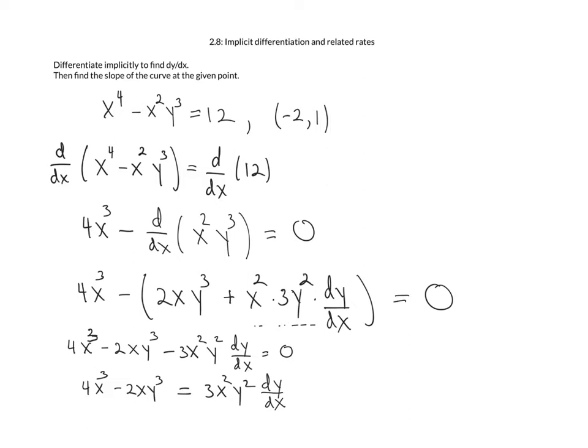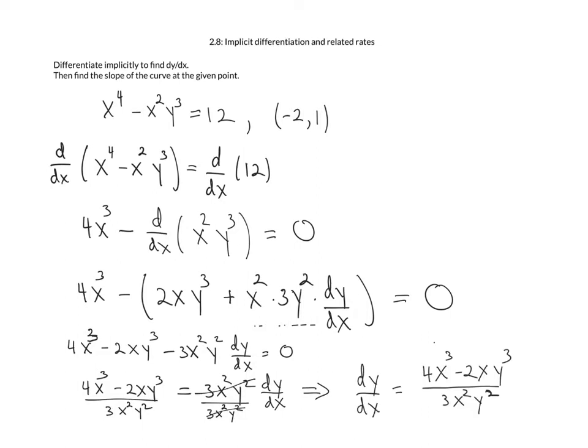The last step is to just divide by this quantity 3x squared y squared. Okay, so I divide both sides by 3x squared y squared, and this side, of course, everything cancels, and this tells us that the derivative is equal to 4x cubed minus 2xy cubed, all divided by 3x squared y squared.